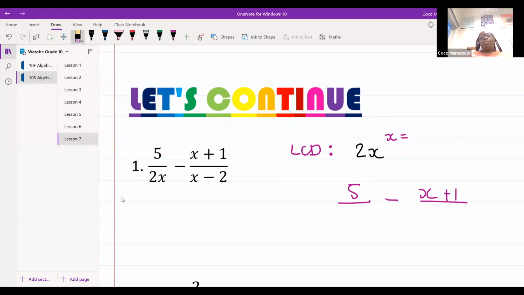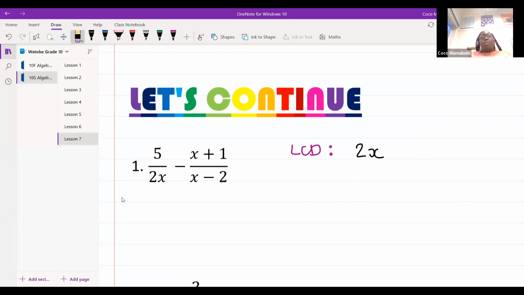If I make x equal to 5, I'm going to get 2 times x, which is 10. And then over here, I'm going to get 5 minus 2, which is 3. Do my LCDs go into each other, 10 and 3? They don't go into each other. Remember, guys, they don't go into each other.